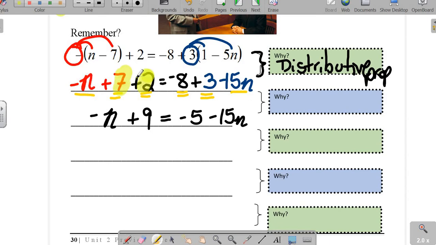We added these numbers on one side, and then we added these numbers on the other side. Adding or subtracting on one side of the equal sign, we didn't cross the equal sign, that's addition, subtraction of real numbers.